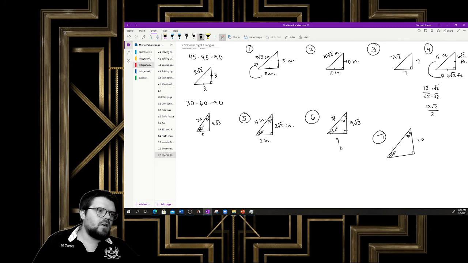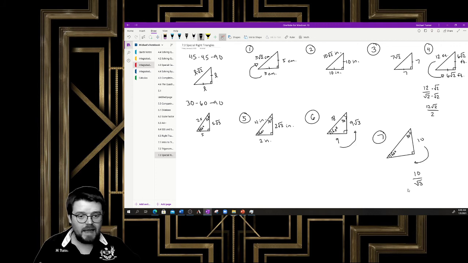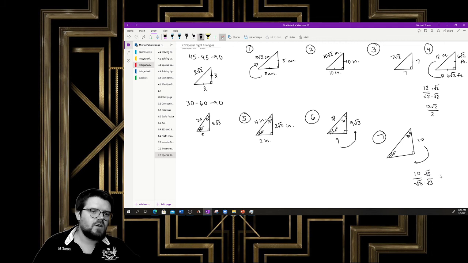So in number 5 and 6, to go from the short leg to the long leg, I'm multiplying by radical 3. So if I'm going from the long leg to the short leg, then I need to divide by radical 3. Just like we did in number 4, I can't leave a radical in the denominator, so I would then need to multiply top and bottom by radical 3, which gives me 10 radical 3 over 3.